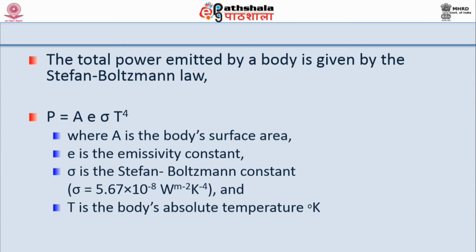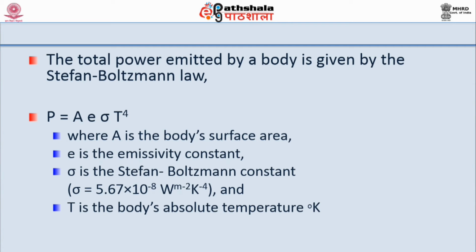P, the power emitted by the human body, is equal to A, the body surface area expressed in meter square, E, the emissivity constant, usually considered as 1, and sigma, the Stefan-Boltzmann constant, which is given on your screen, 5.67 times 10 to the power minus 8 W per m square K to the power 4.